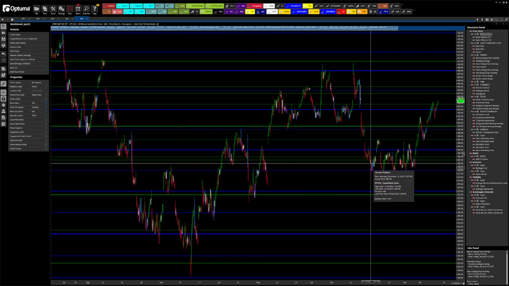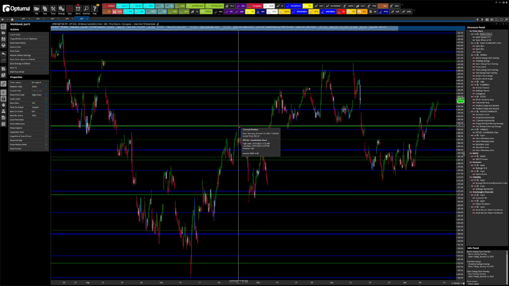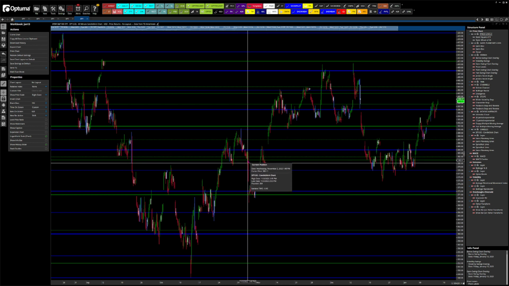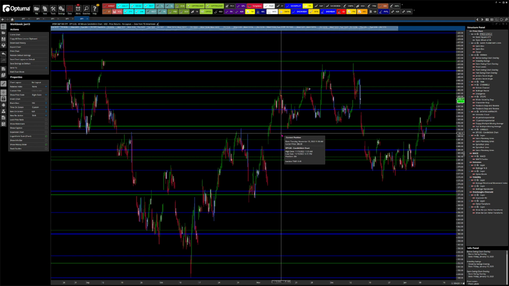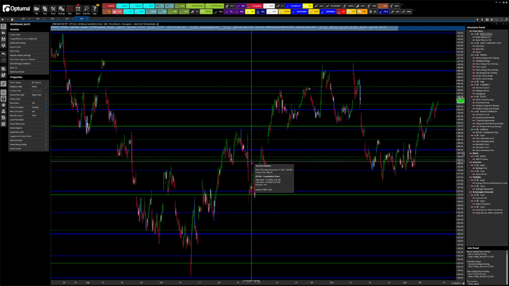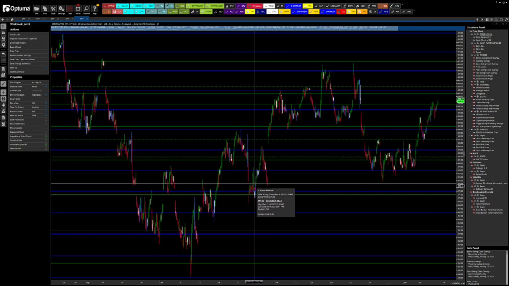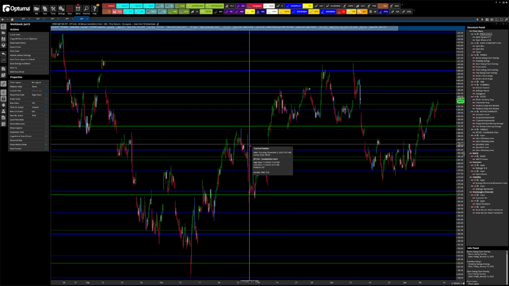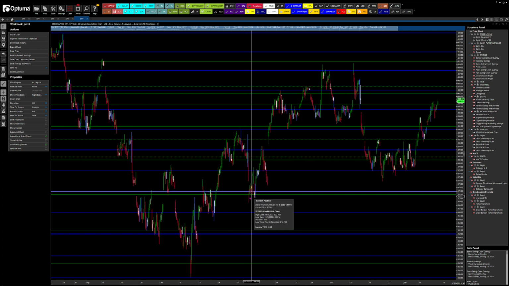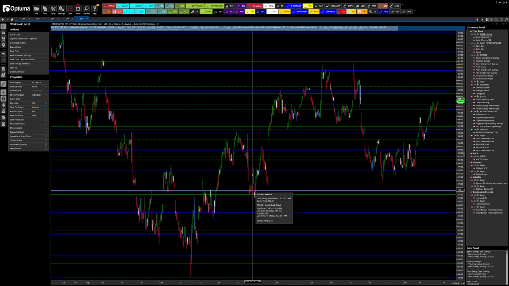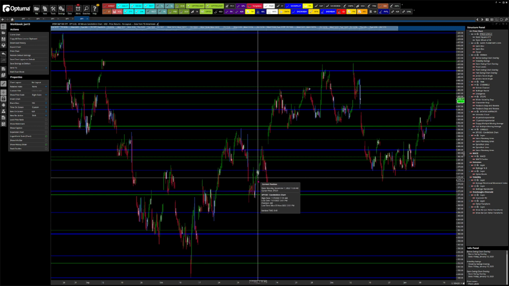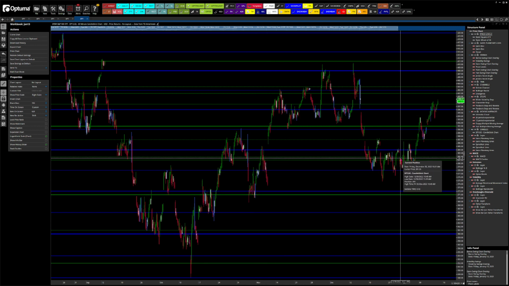That could have been interesting. Here, the reaction here, and then here there's so many levels around. I might have wanted to take the trade here, but then maybe when it broke below here and there was a little bit of a thinner space, that could have been something good. Here we get the support, and then when it breaks up, that could have been something to look at.